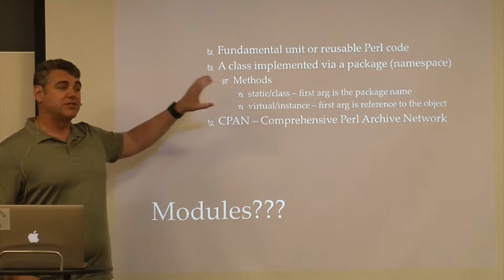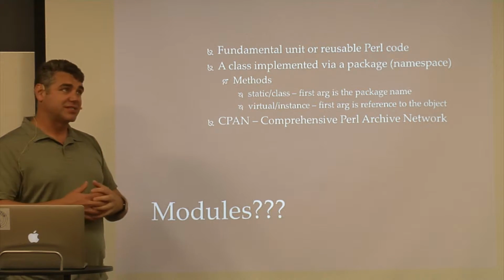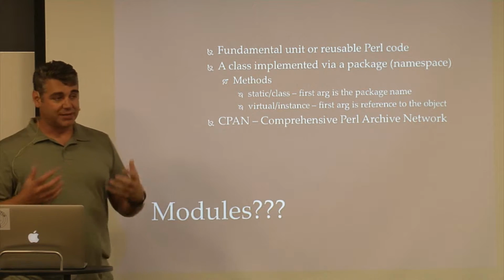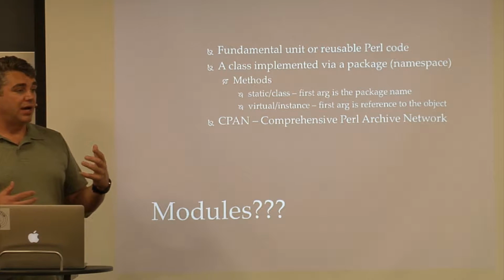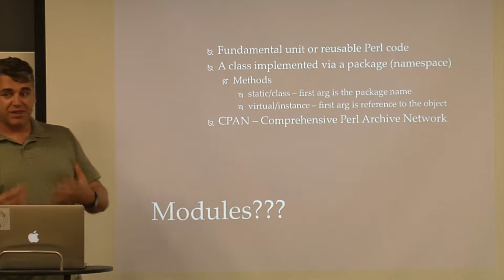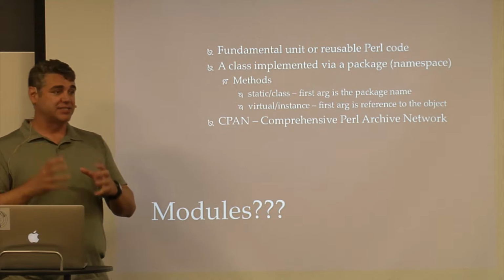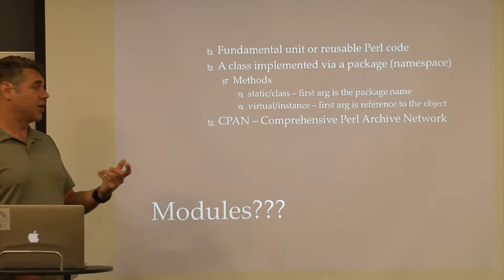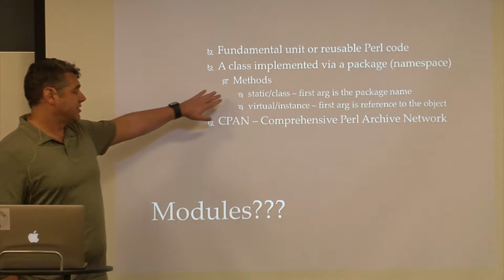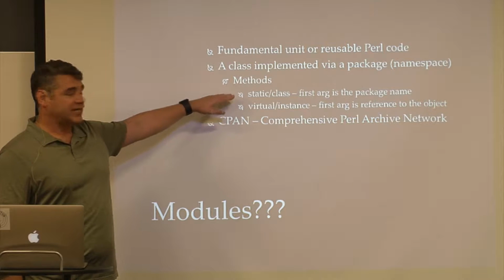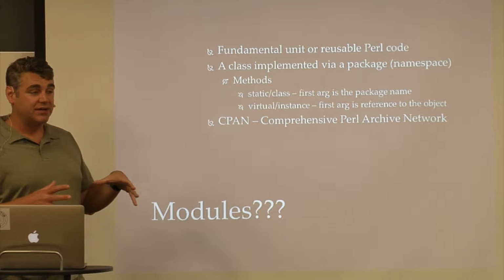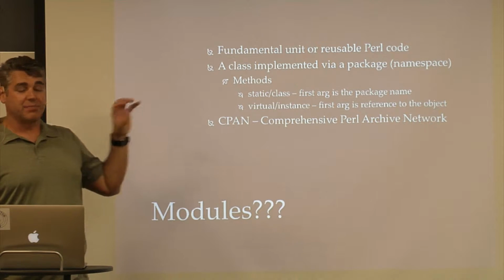Once you've blessed a class or a namespace, whenever you call a method within it, either the name of the class or the object itself will get put on as the first argument. So the first argument is the package name.